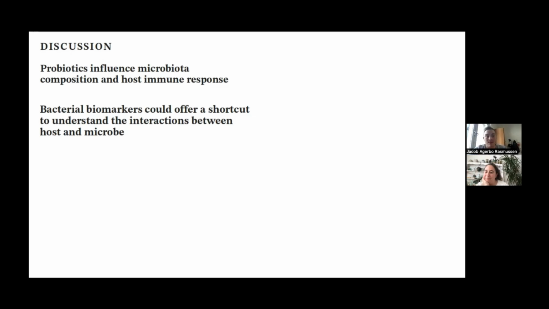A lot of data shows some kind of consensus that at least salmonids are extremely good at nutrient uptake themselves because they are carnivorous, so they eat protein and fat, and the body can easily absorb that itself. So the microbiome might actually be more important for immune maturation and cofactor vitamins and all these things.